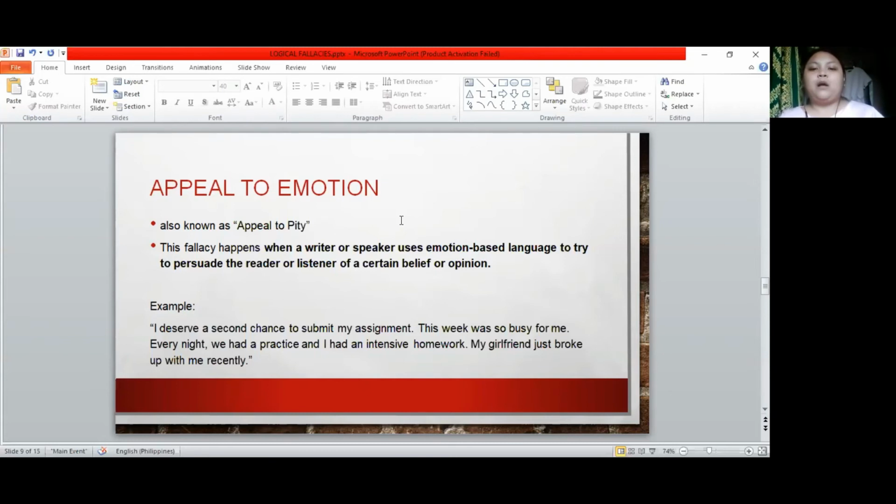We Filipinos have this kind of value called pakisama or human compassion. Sometimes people tend to overuse or abuse this.